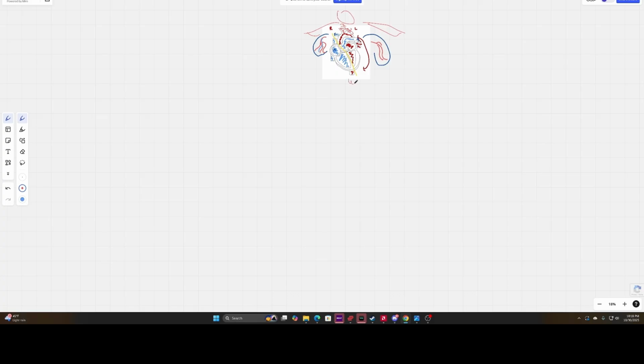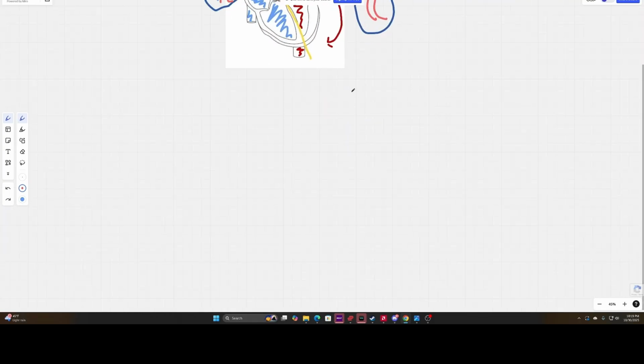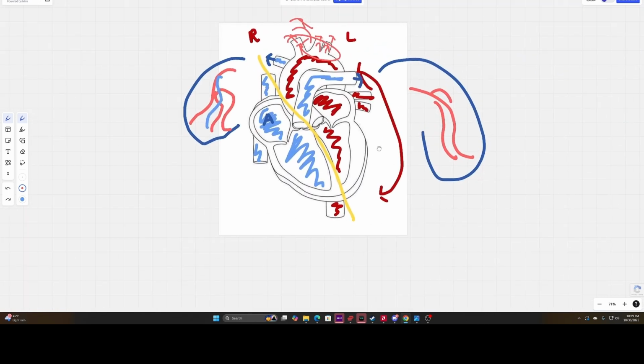Then the descending aorta will get your legs and your lower torso. There you go. So that's the basics of labeling, and I'll restart and redo the entire thing.